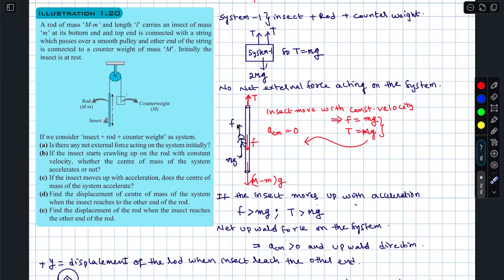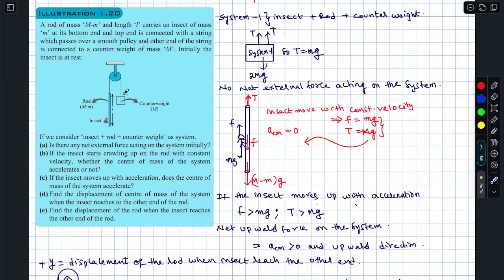Next, friction, weight, and you are moving up with constant velocity, which clearly implies F must be same as mg. Yes or no? Agreed? Now, if F is mg, what happens here? Downward is mg again, the reaction, and the combination is just mg. Again, you have the same situation. Tension is equal to mg.